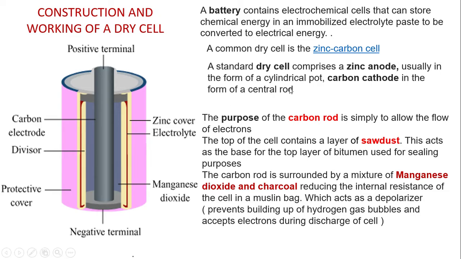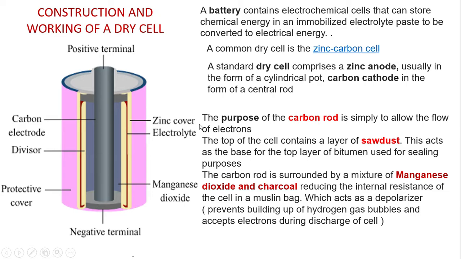A common dry cell is the zinc carbon cell. A standard dry cell comprises a zinc anode, usually in the form of a cylindrical pot, and a carbon cathode in the form of a central rod.